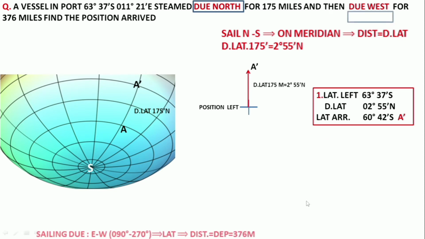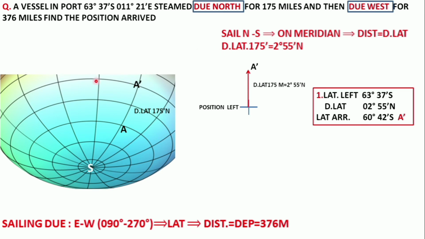Then she goes due west. Going due west, east or west, 270, 90 to 70, it means that you're sailing along a latitude. Whatever distance you have done is your departure.